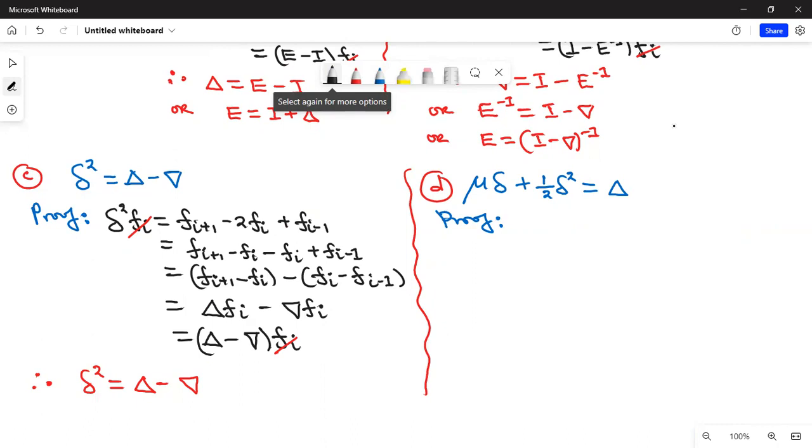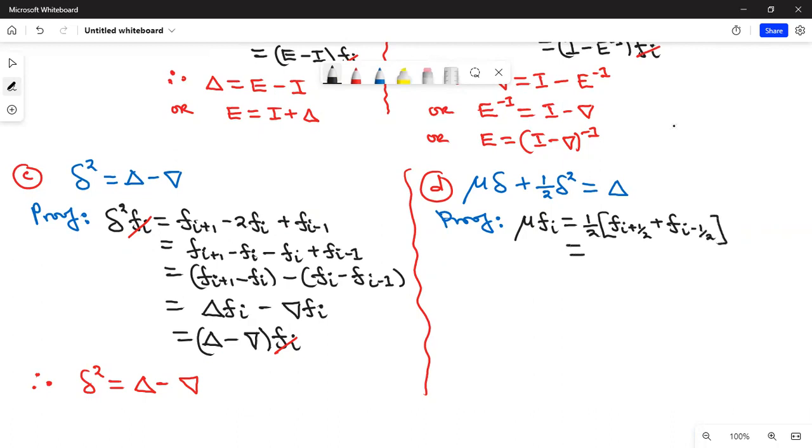Now let's start by writing mu in terms of the shift operator. We said that mu operating on Fi, remember mu is the averaging operator, that's the same as 1/2 times Fi plus 1/2 plus Fi minus 1/2.